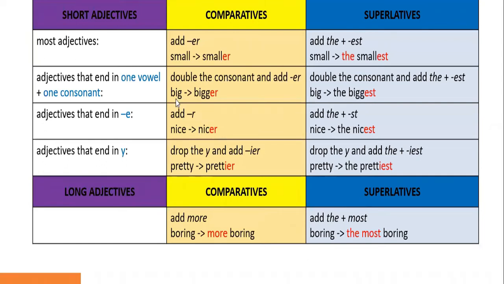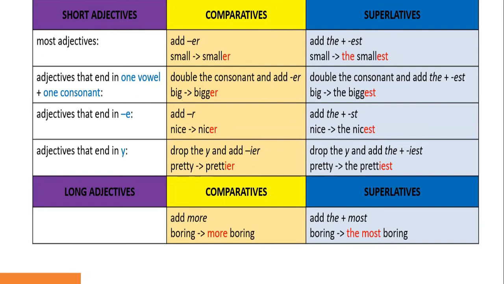I. Is it a vowel or a consonant? Vowel, yes, it's a vowel and this is a consonant. When we have at the end of the word this pattern, vowel, consonant, that's when we have to double the consonant and add ER.